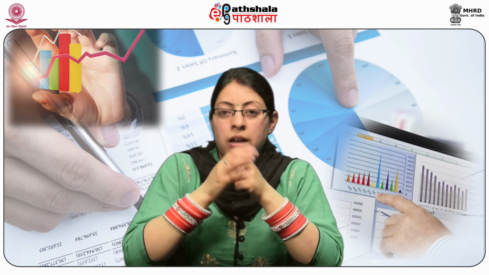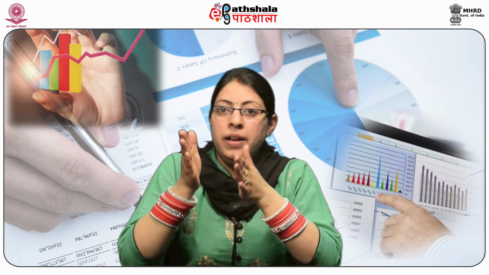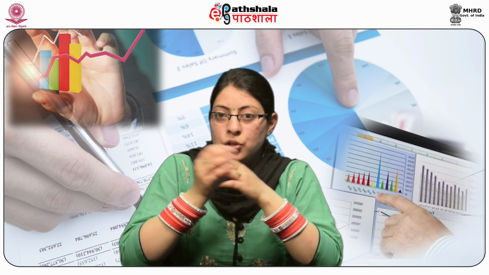COGS ratio, that is cost of goods sold ratio, can be calculated by dividing cost of goods sold by sales multiplied by 100. Next, administrative and office expenses ratio can be calculated by dividing administrative and office expenses by sales multiplied by 100.